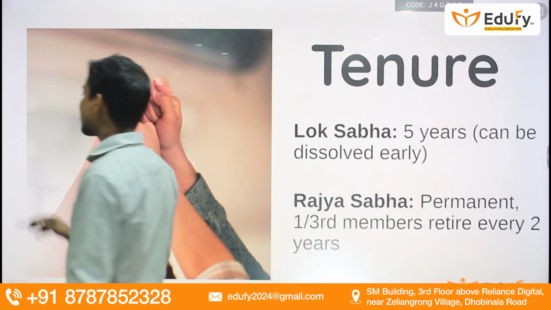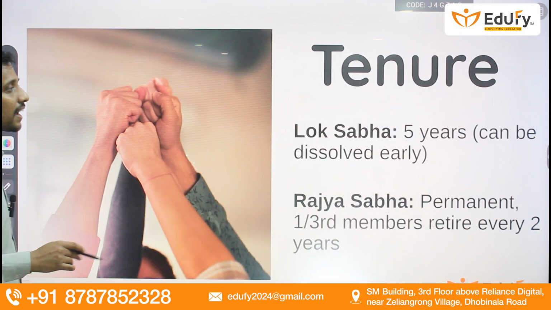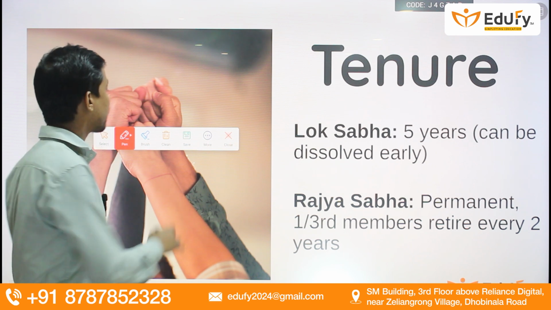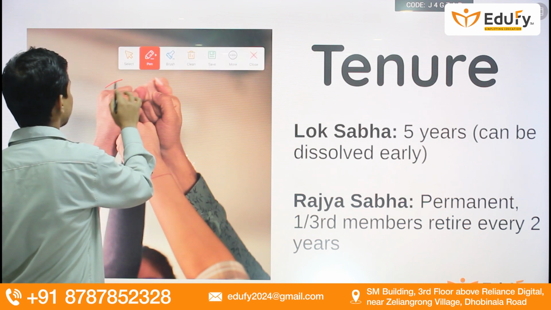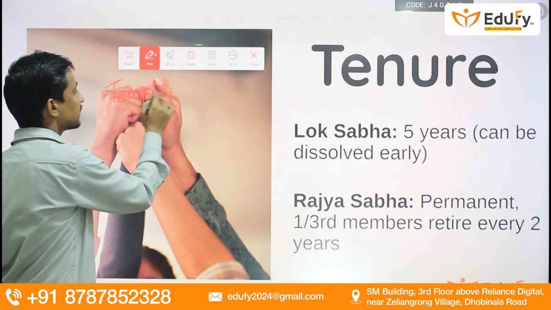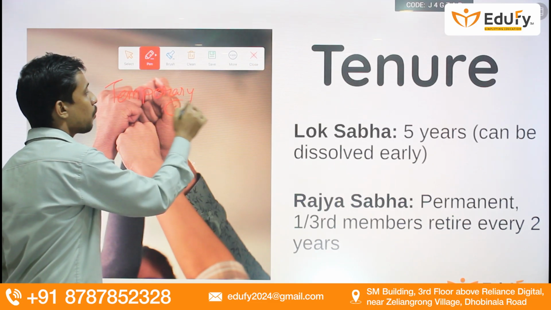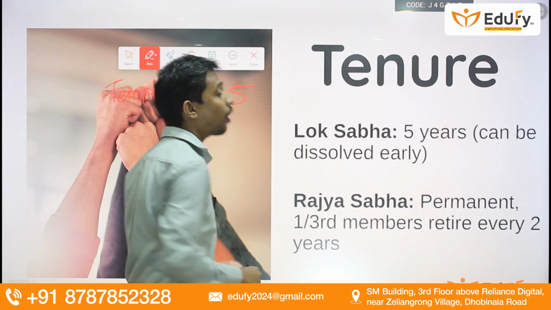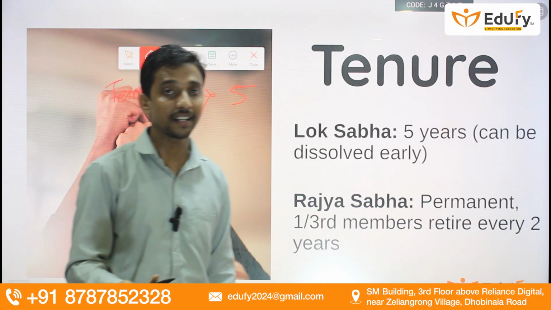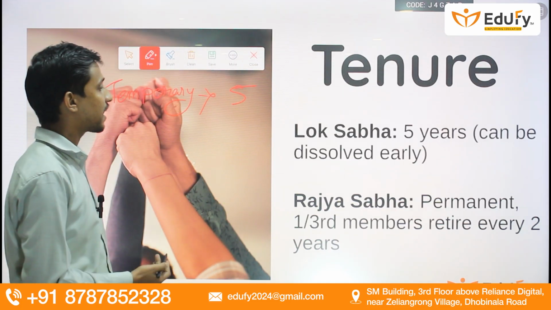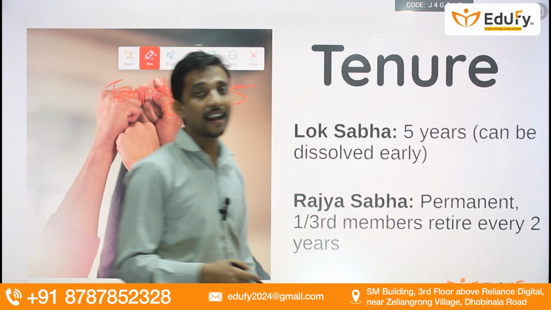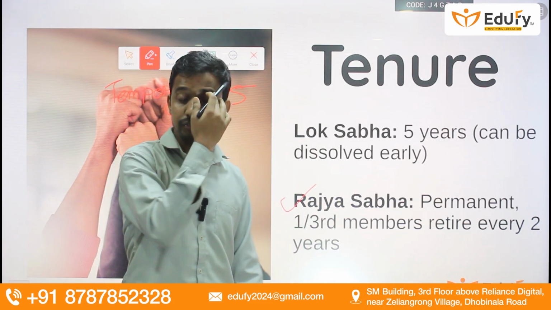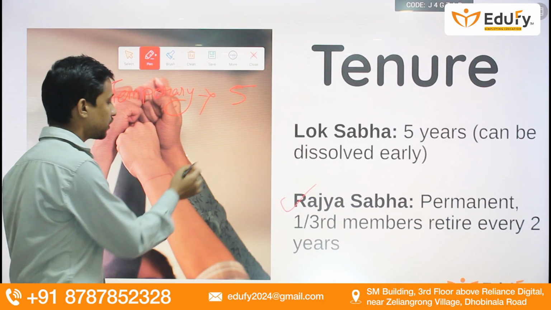Now, as far as the tenure is considered, remember guys, Lok Sabha is a temporary body. It is subjected to dissolution after 5 years, or it can be dissolved earlier as well. Whereas Rajya Sabha is a permanent body, or if we calculate, it has a tenure of 6 years.